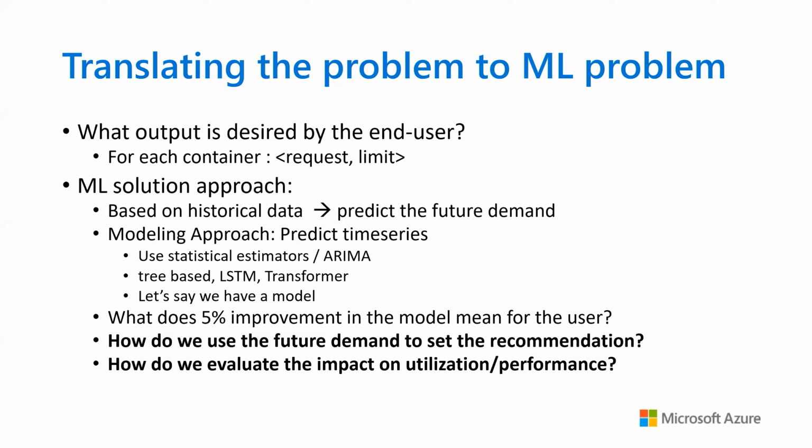And as I said, our goal was to increase utilization without degrading performance. So we need to understand the impact of our predicted demands, how they affect the utilization and performance.